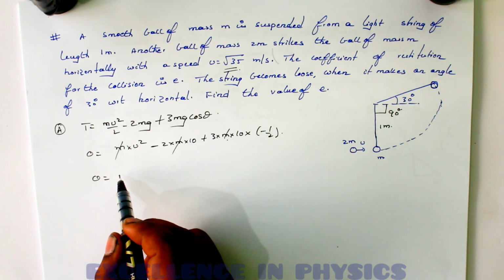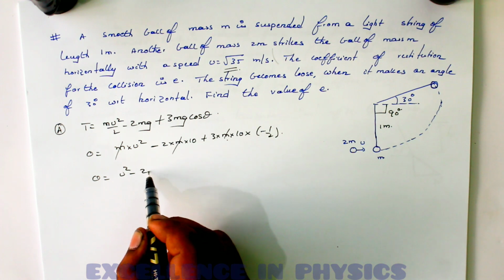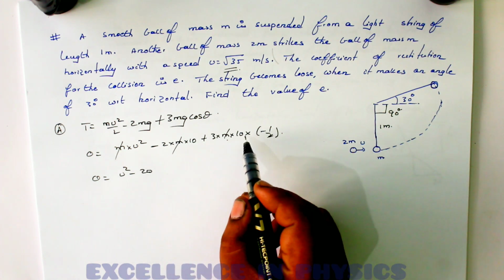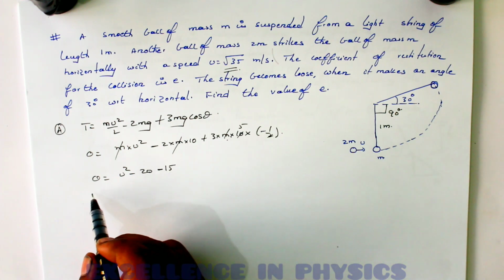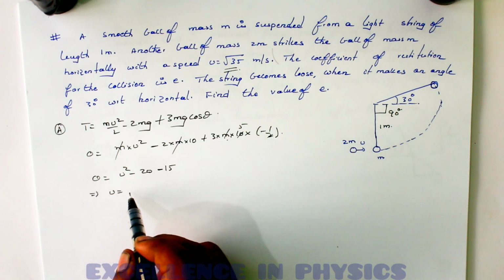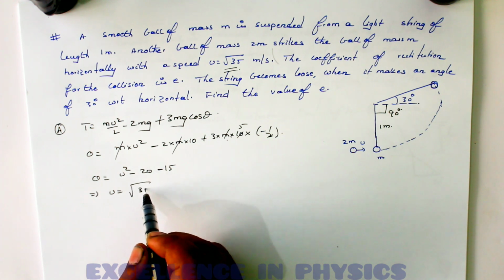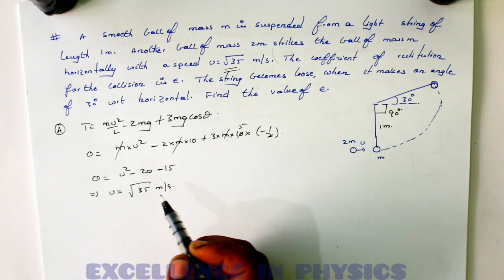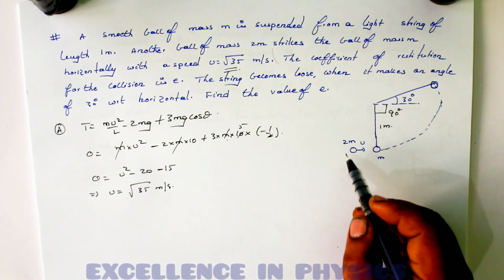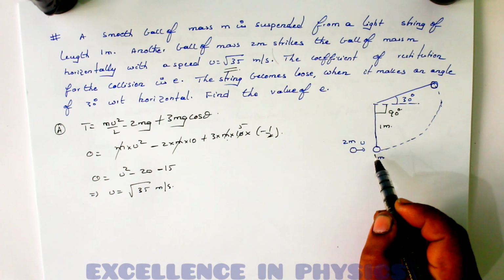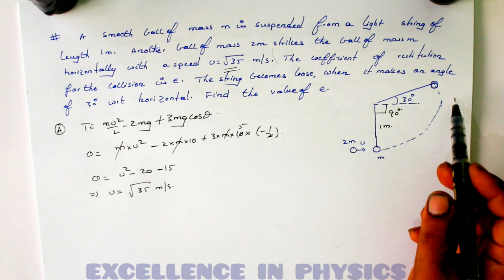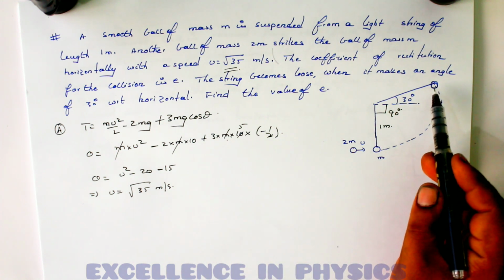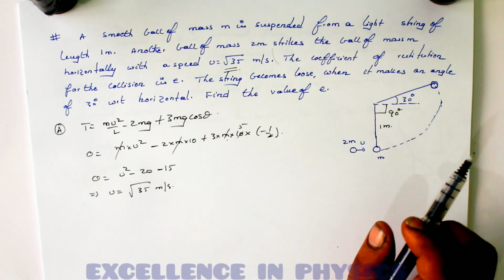So therefore 0 is equal to u square minus 20, minus 15. So therefore u square is equal to 15 plus 20, which is 35. So u is root 35 meters per second. So it means that after the collision, this ball is gaining a velocity of root 35, so that after reaching an angle of 120 degrees, its tension is becoming 0.